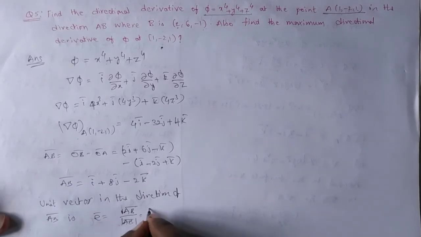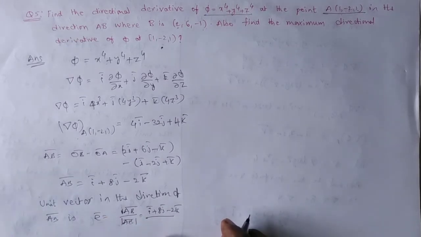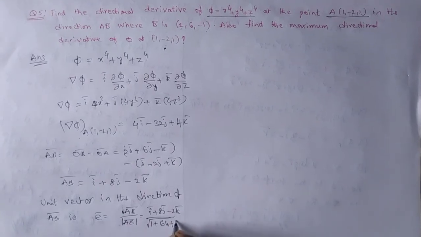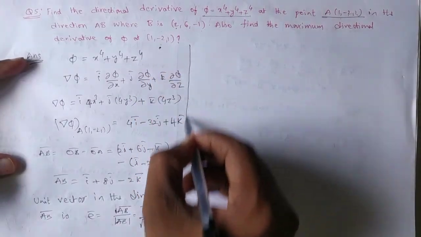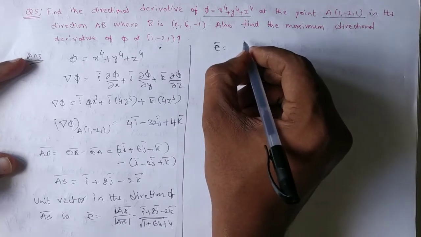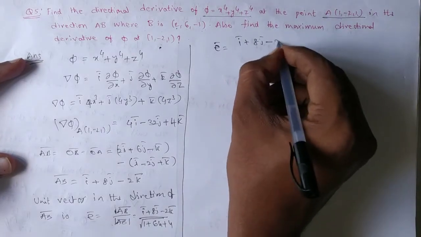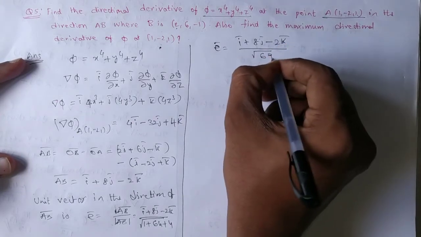AB bar is i bar plus 8j bar minus 2k bar by the square root of 1 plus 64 plus 4. So I just write here what that e bar is. Therefore e bar equals i bar plus 8j bar minus 2k bar by the square root of 69.